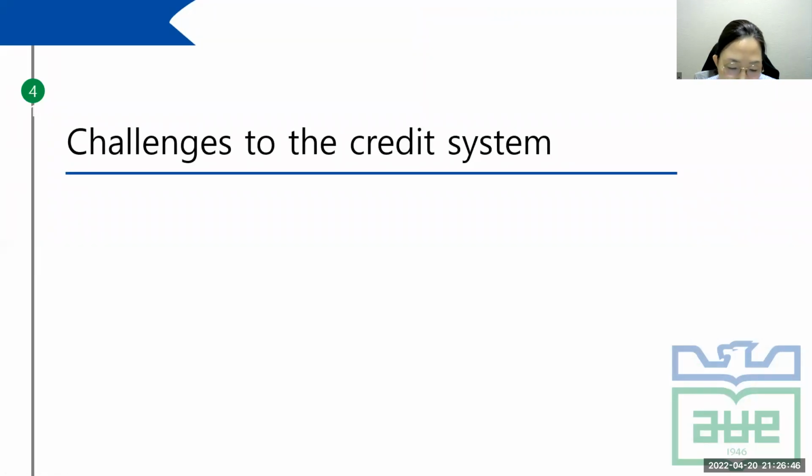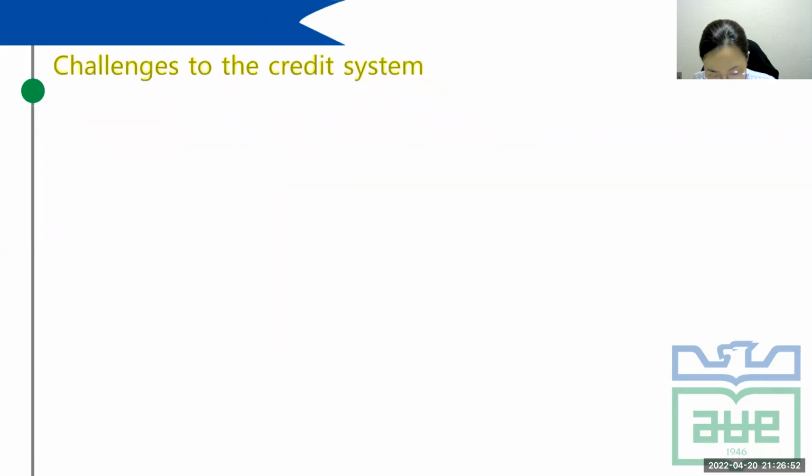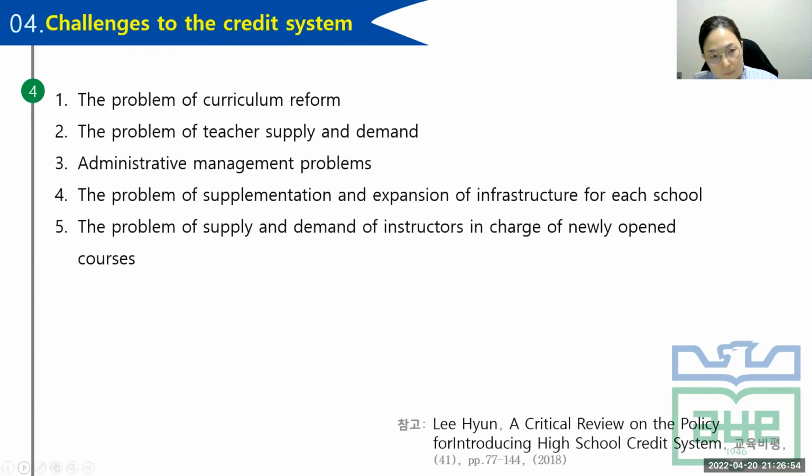But there are also challenges to the credit system. There are challenges that need to be solved in order for the credit system to be implemented well. This is due to the establishment of several subjects to meet the needs of learners.